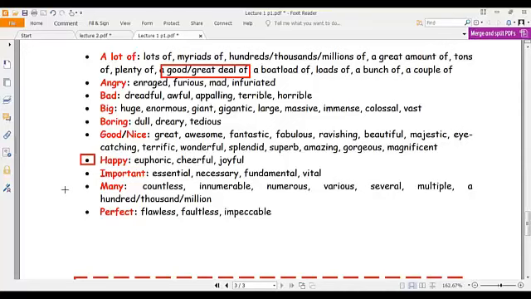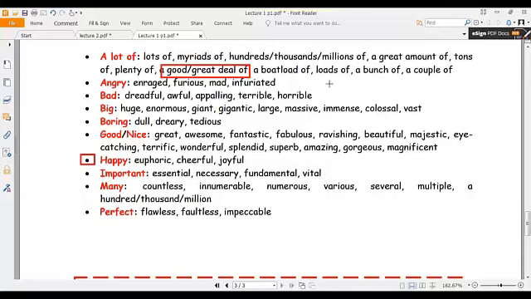Many: countless, innumerable, numerous, various, several, multiple. Last word, perfect: flawless, faultless, impeccable. Yeah, thank you.